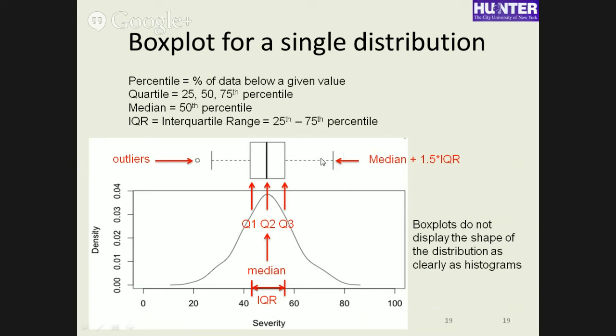So you can kind of see it here. This is the IQR. It's about 20 wide or something. So 1.5 times that would be 30. So it's about 3 of 1, 2, 3.